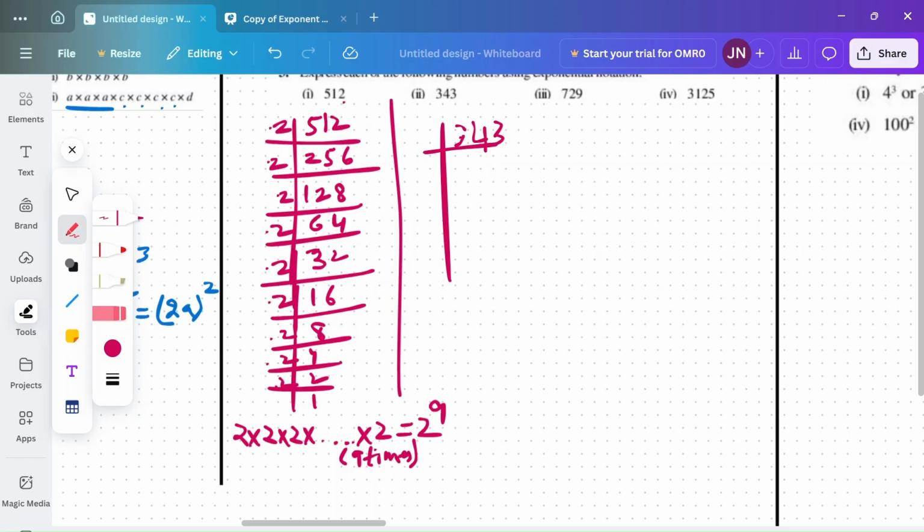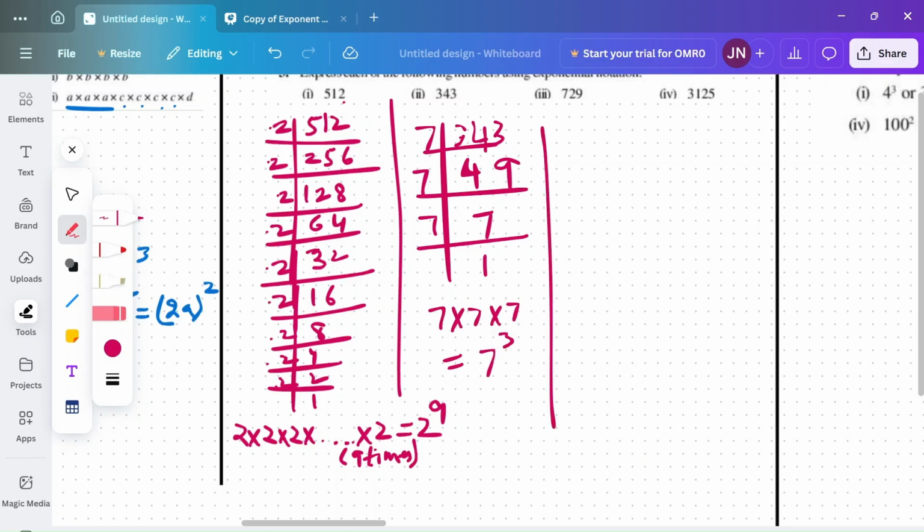So there is a number 7 which can divide 343. All right, so let's use that. And then will be 9. So here we got 7 three times. So the answer is this.